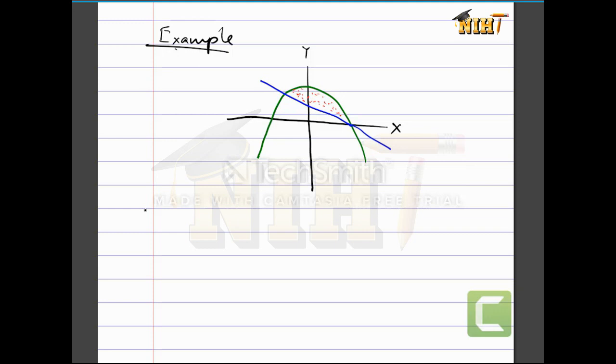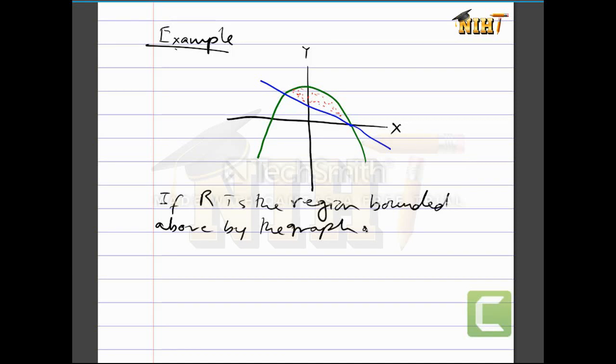So let us write the problem. The problem is, if R is the region bounded above by the graph of a function f of x equals 9 minus (x over 2) whole squared.